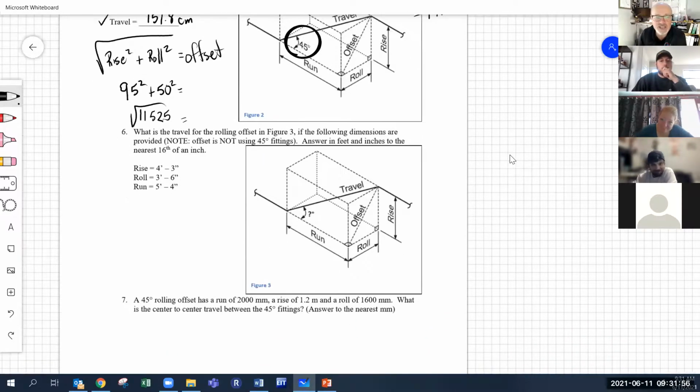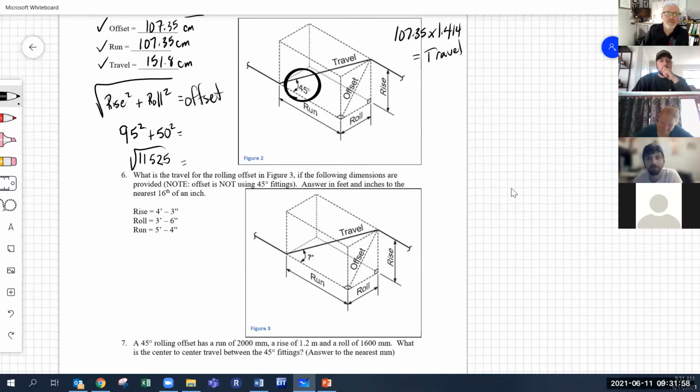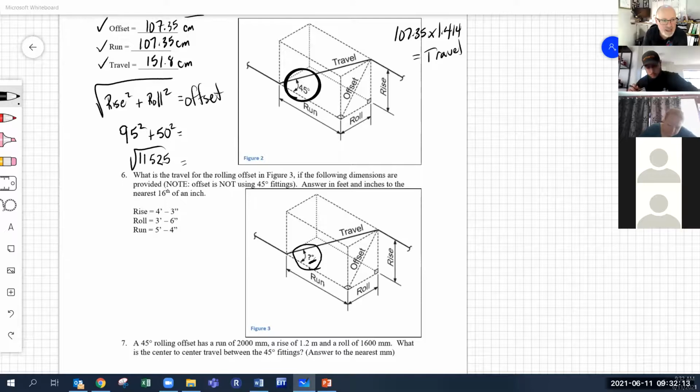Let's have a look at this next one. So listen, I do not know my angle down here. It says a question mark, so it's not giving me the angle. But I have three variables here. Now, I want the answer in feet and inches to the nearest 16th of an inch.